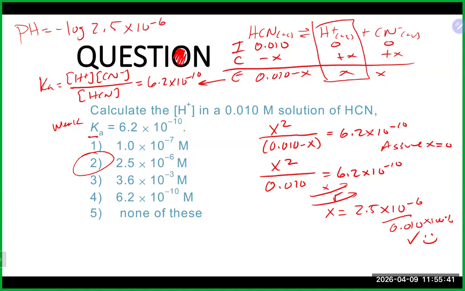And that would get us the pH of the solution of about 5.60. Any questions on that? So hopefully you can see weak acids is pretty much just equilibrium problems with the additional step of figuring out the pH at the end. But everything else really just works the same as normal. Any questions?